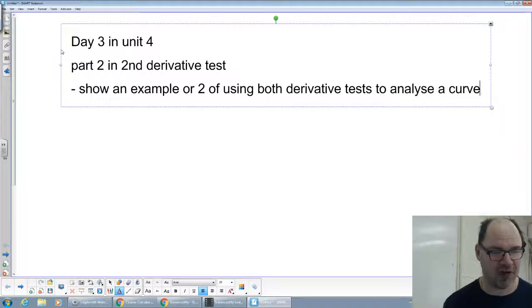That's what we're going to do today. We're going to do a couple of examples, including a more complex one that has 2 inflection points and 2 or 3 max and mins, so that we can see a more complex curve in our calculus.